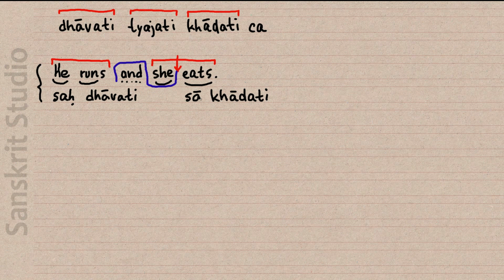We have to remove the sa here, and flip it around so sa comes first and cha comes here. This may be a little counterintuitive for English speakers, but that's the basic rule, that we are putting the cha after the first word of the second phrase.